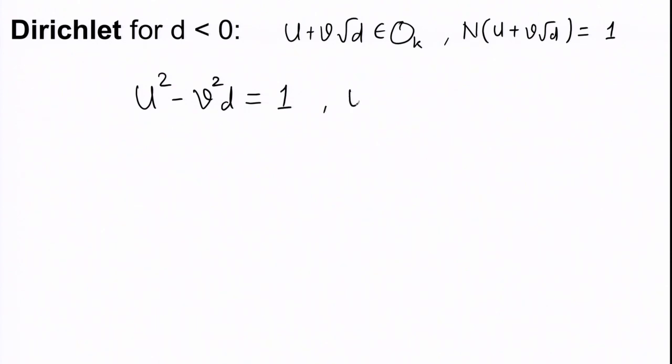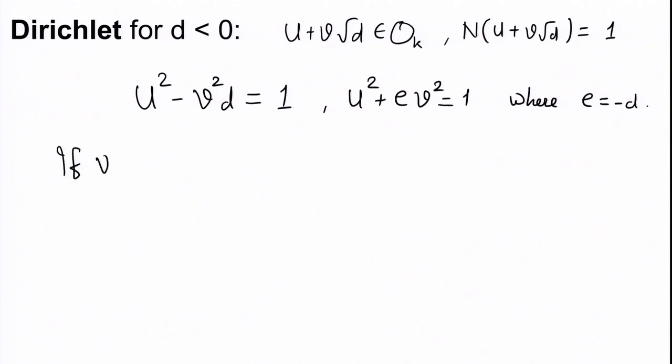So, we have u square plus e times v square equal to 1, with e equal to minus d. These are the solutions that we want to describe. Now, notice that u and v are integers. If v is 0, then u square is 1, which gives that u has to be plus or minus 1.